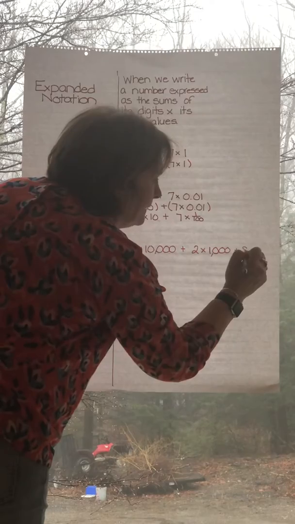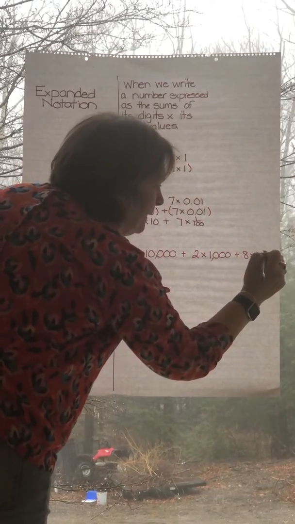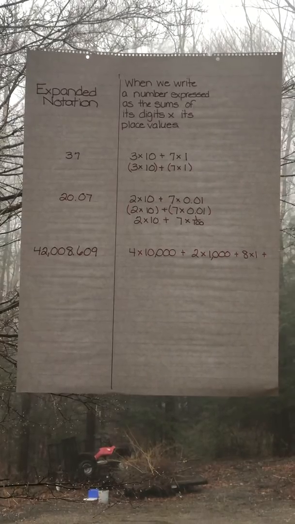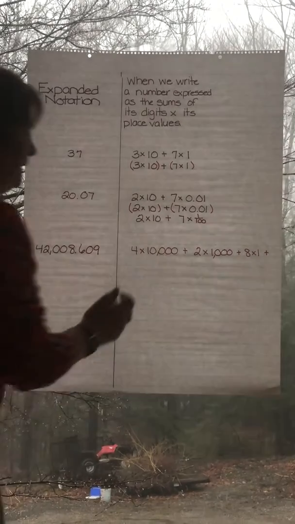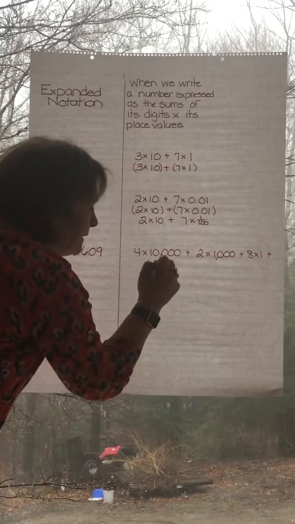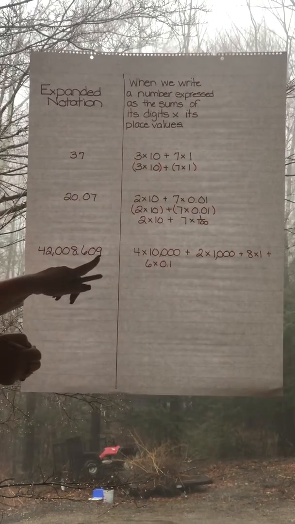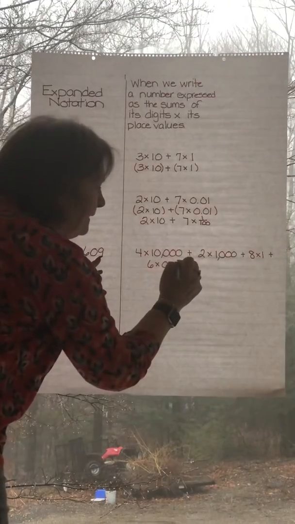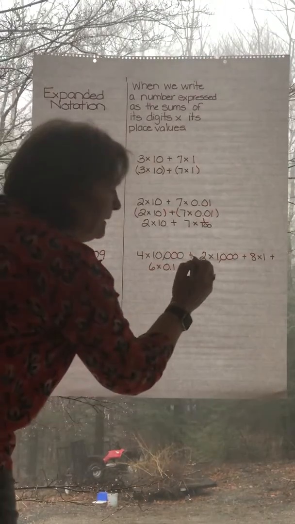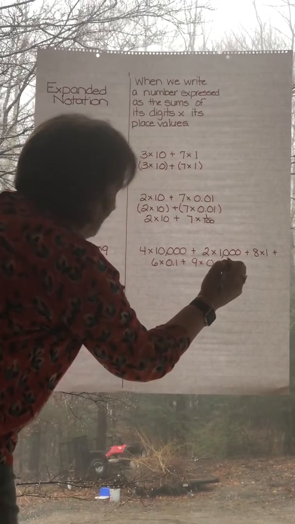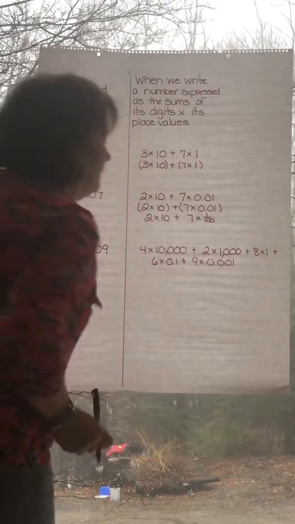So 8 times 1 plus, and this is a 6 in the tenths place. So 6 times 1/10, and a 9 in the thousandths place. So 9 times 1/1,000.